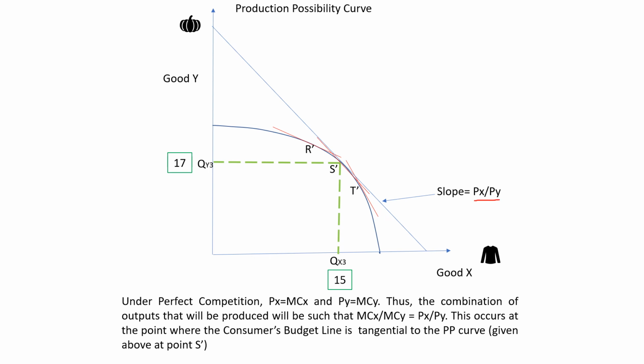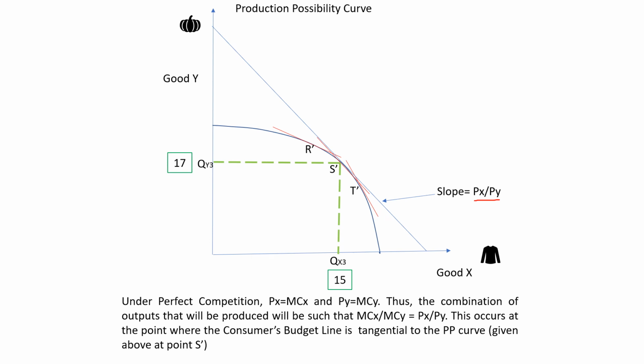So the equilibrium combination of outputs that are going to be produced out of the various possible output combinations on the production possibility curve will be such that at the point of equilibrium, the output combination will be the one where the ratio of the prices is equal to the marginal rate of transformation.